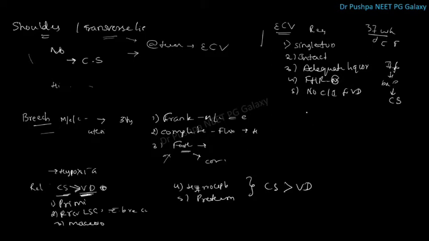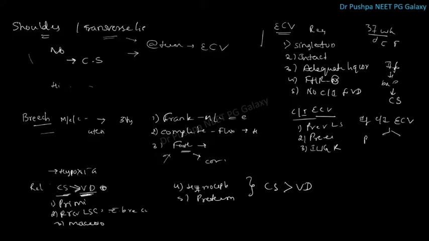What are the relative contraindications for external cephalic version? One is previous LSCS, second one is preeclampsia, third one is IUGR. If there is a contraindication for external cephalic version, in case of primi, we'll prefer cesarean section.